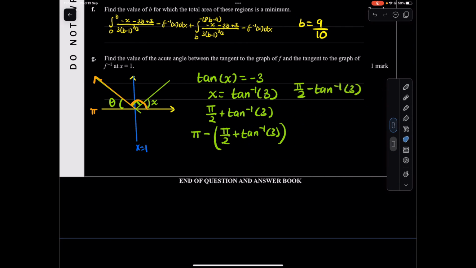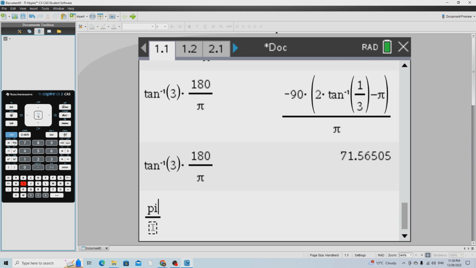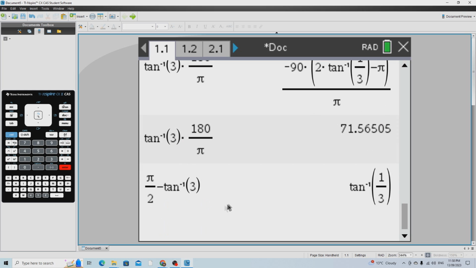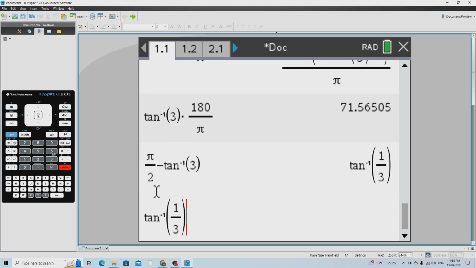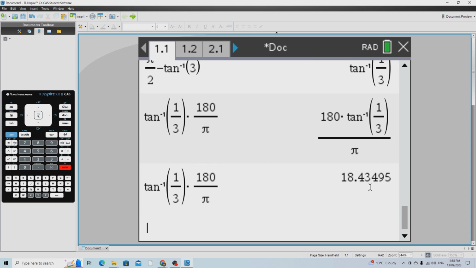I want to double check it. Go on my calculator and just say, what is pi over 2 minus tan inverse of 3? This over here. Yep, which is this, and if I multiply by 180 over pi, this is 18.43, yes, that's an acute angle.